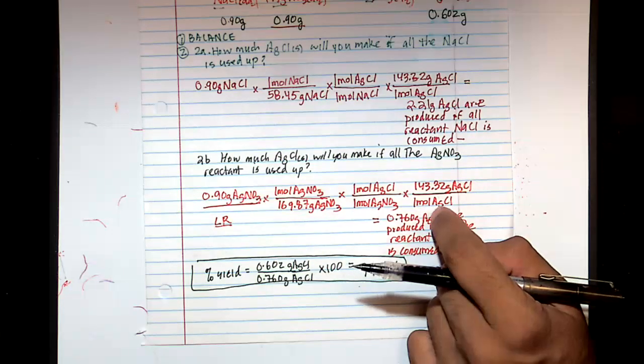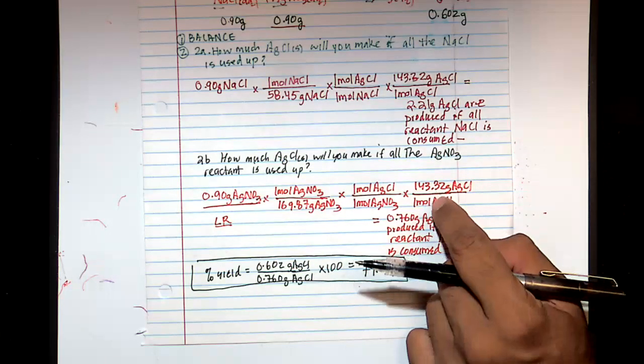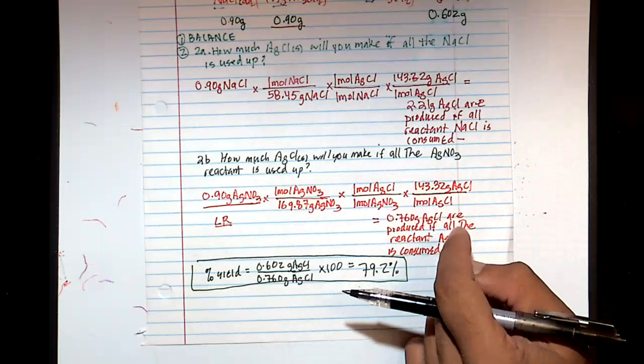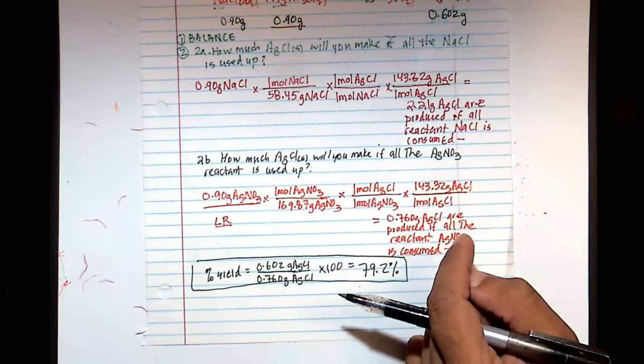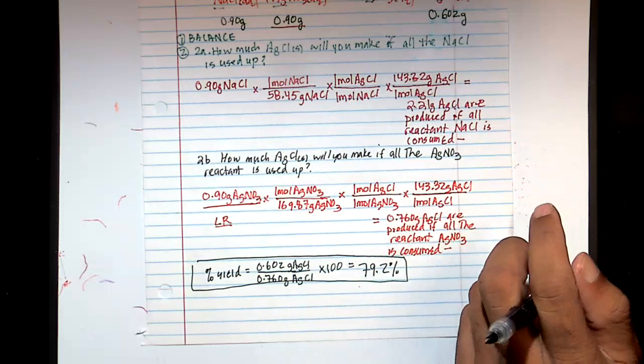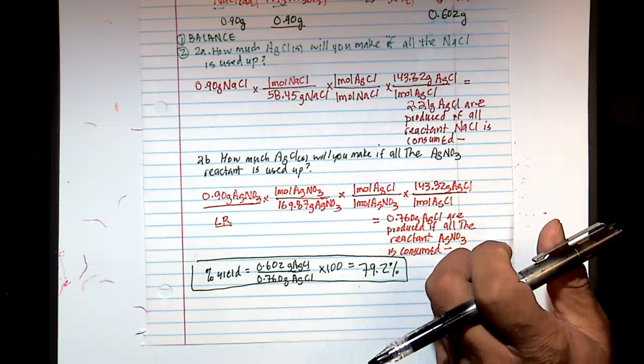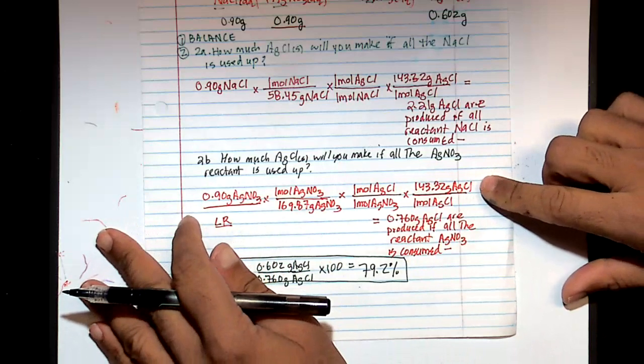And that is what gave me 0.573. Even then, that should not give you 105% yield. Is this what you've got in your problem?